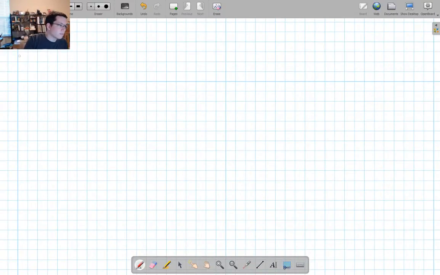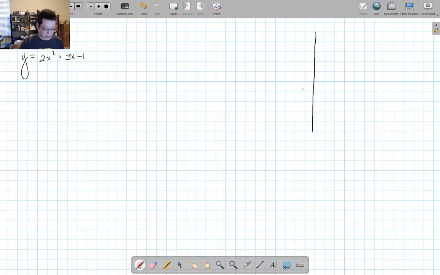What if we're dealing with polynomials? Got y equals 2x squared plus 3x minus 1. What's the graph of this one look like? One of the first things that we're going to want to do is find the roots. So where does it cross the x-axis? If you know what a normal quadratic looks like, it's going to look something like this.